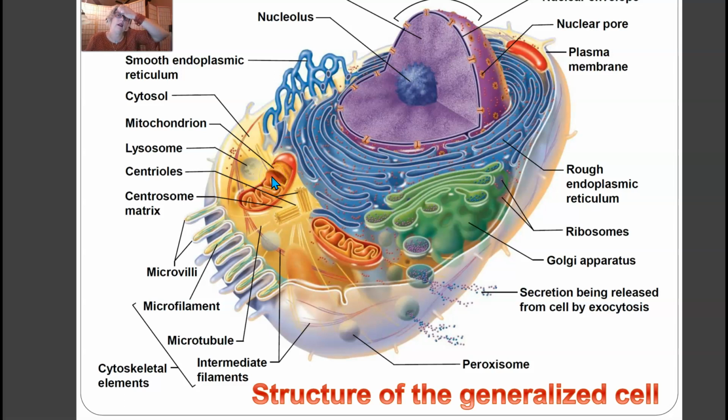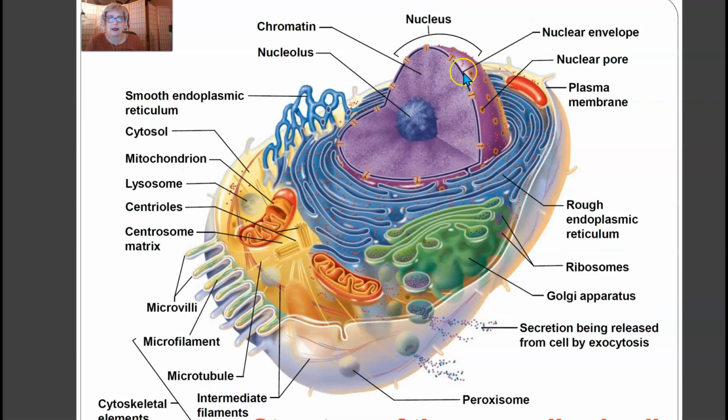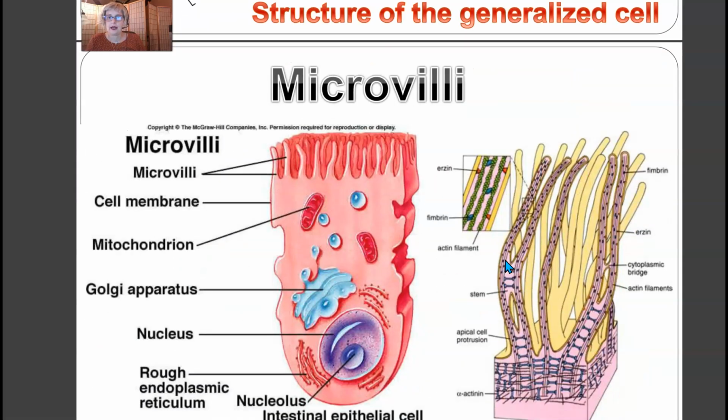All right, I think I mentioned everything in this image. The only thing I didn't talk about was the nuclear envelope. It is also 2 layers, as is the 2-layered cell membrane biphospholipid layer. Okay? All right, so let's take a peek over here, and we are going to look at the microvilli.